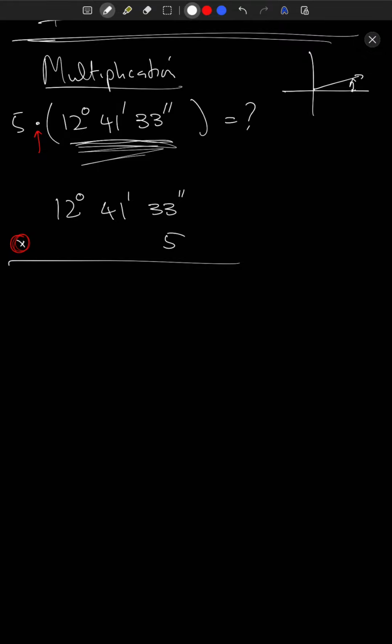So how do we multiply regular numbers? 42 times 7. We got 7 times 2 is 14, right? That means 10 plus 4. What is 10? In terms of the first column, 10 is just represented as a 1 because that's the tens column.